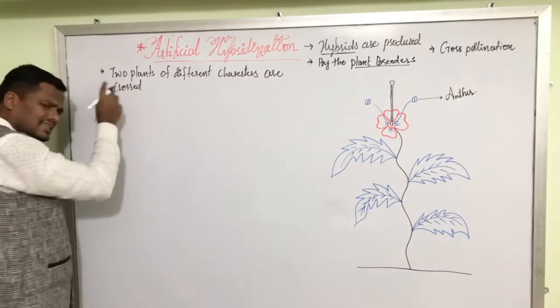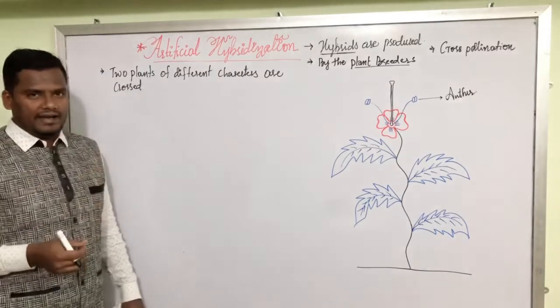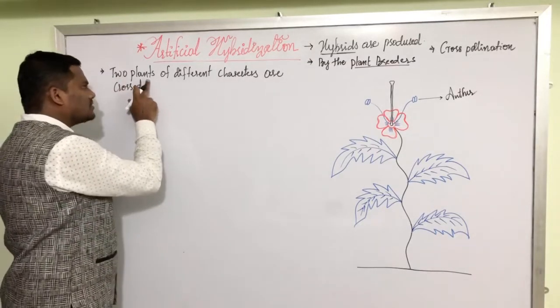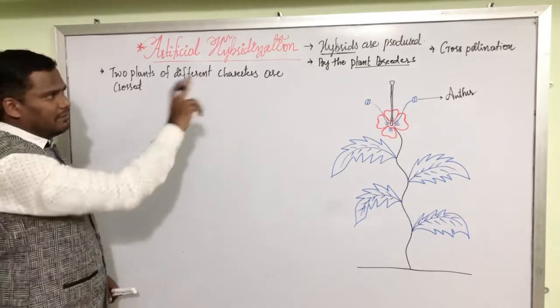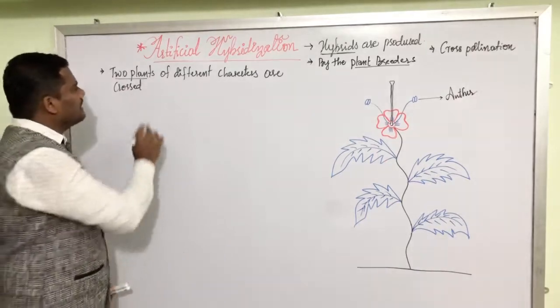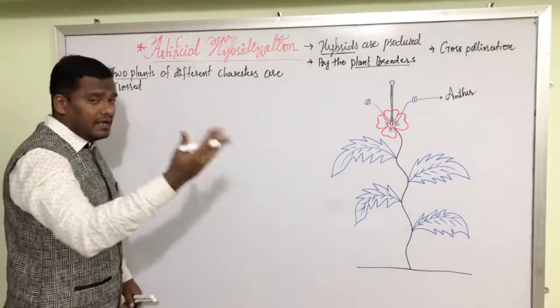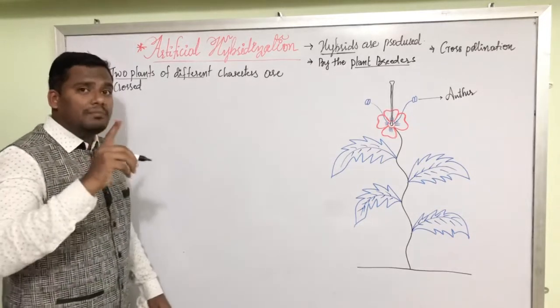Here crossed means they are artificially cross-pollinated. These two plants are called parental plants, which are used to produce the hybrid in future, of different characters, but they belong to the same genus.